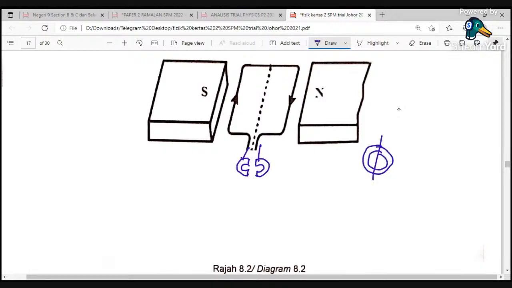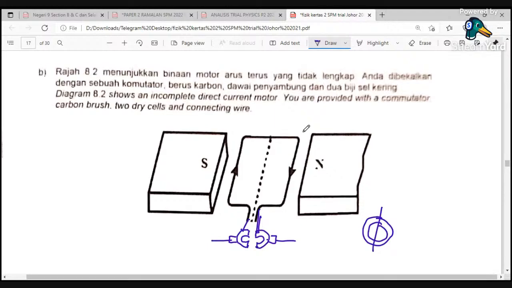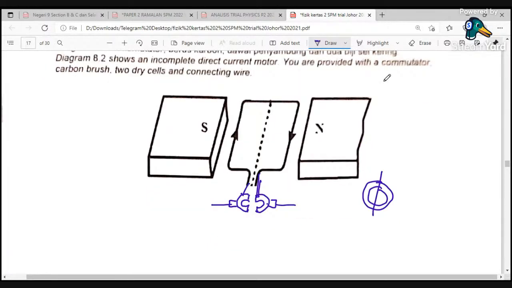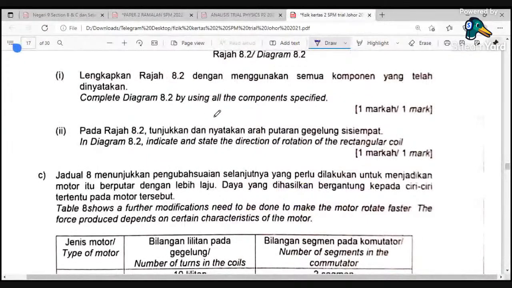A ring like this, it is split, cut into two. And then connect 2 dry cells. Label the commutator, carbon brush, dry cell.